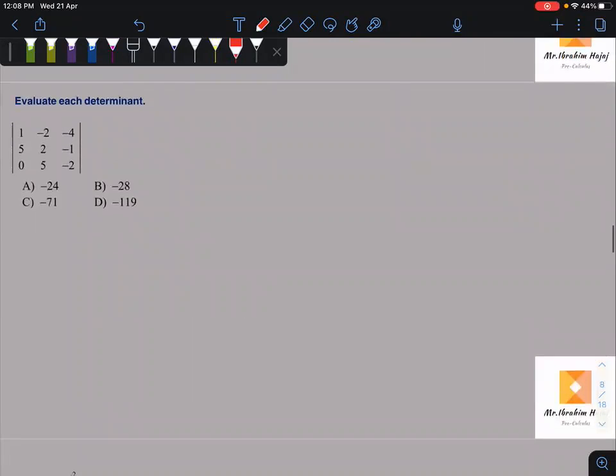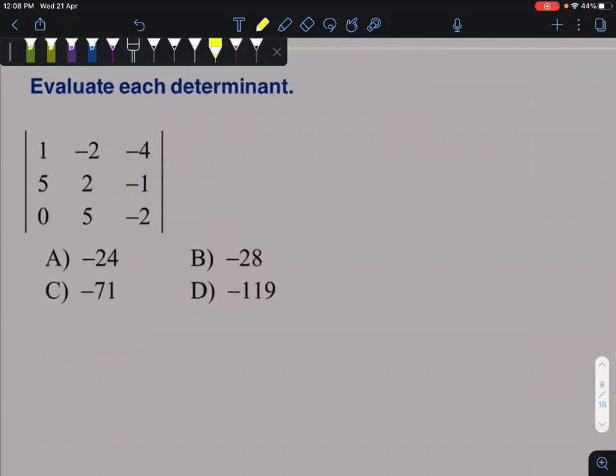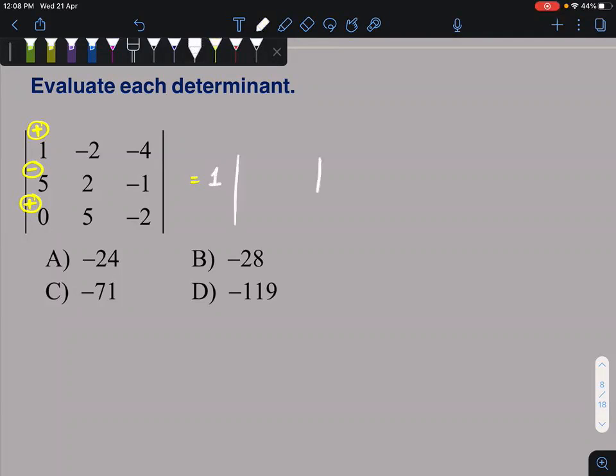Yeah, the next question: how to find the determinant. As you see, guys, we will start firstly by plotting the signs. We can plot the signs here as plus, minus, and plus. Start here by writing 1, and make a small dot, and hide the row and the column that include this 1.